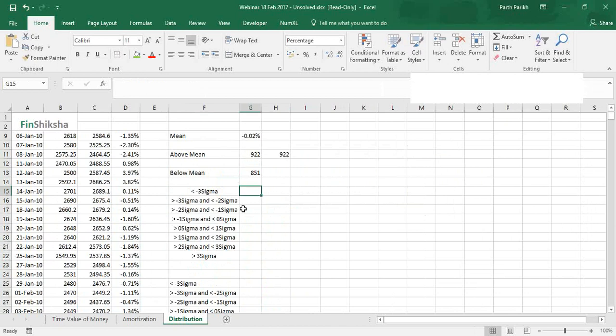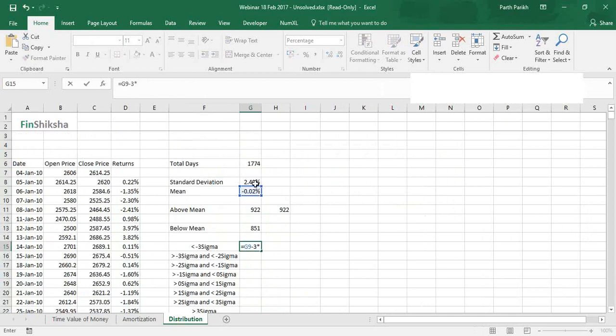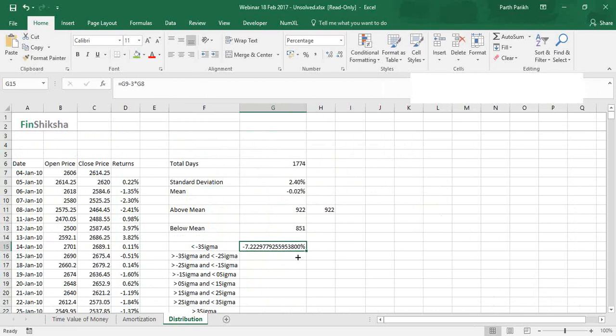Here I have already defined the ranges. Less than 3 sigma, I have to find out how much that is, plus or minus 3 standard deviation, like we usually say. So that is my mean minus 3 standard deviation, which is over here 2.4, which is 7.22.